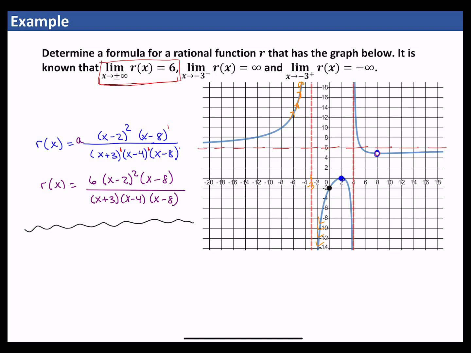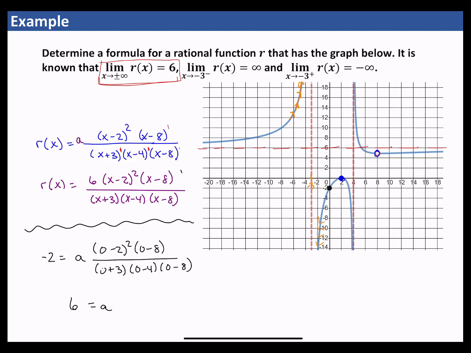Alternatively, if you didn't remember that for sure, or you just wanted to check your work another way, then what we could do is use this other point. There's a y-intercept at -2, so we know that the output is -2 when the input is 0, and we could solve this equation for A, and when you do that, you would find out that A equals 6.